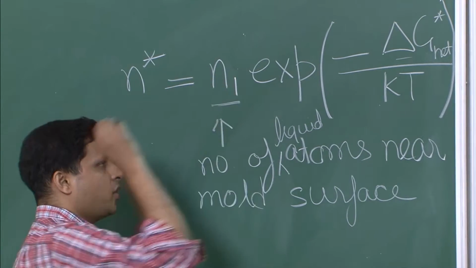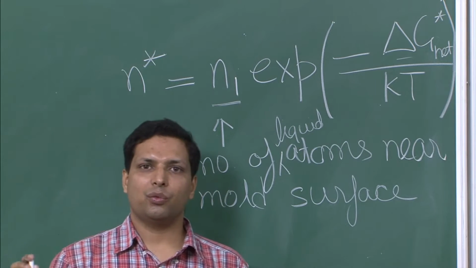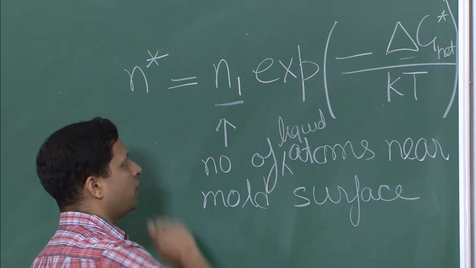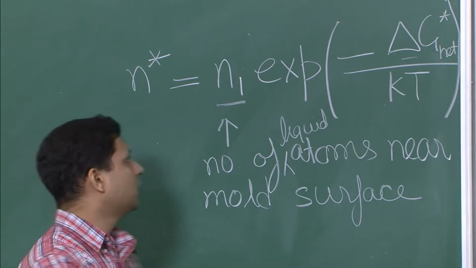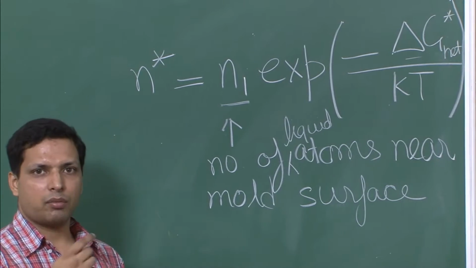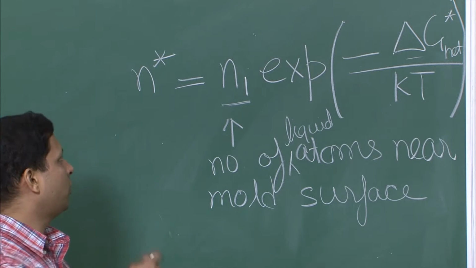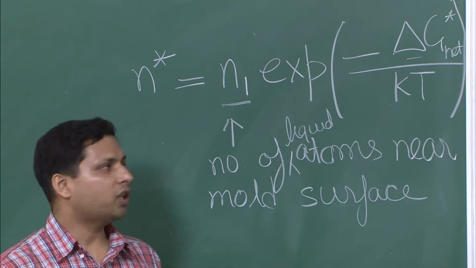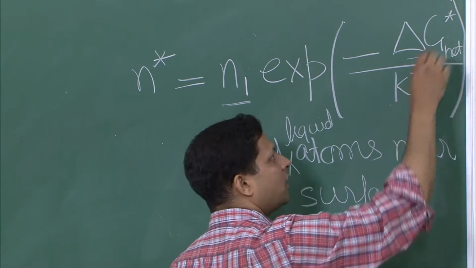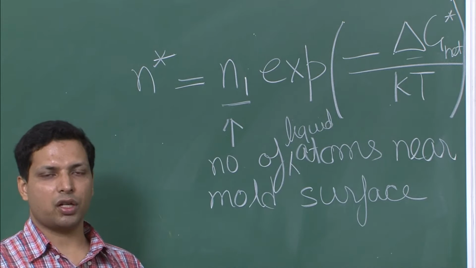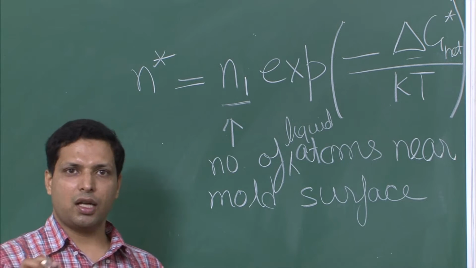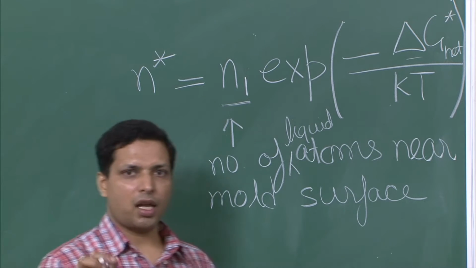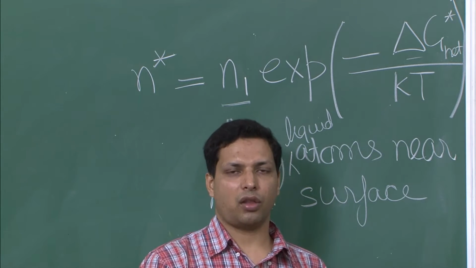Compare this with the n naught that we used in homogeneous nucleation, which is the total number of atoms in the liquid. So this n1 is a small quantity, and if n star by n naught was the probability, then over here n star by n1 is the probability, which means this will be a smaller quantity. But here delta G star heterogeneous is a much smaller quantity. Remember, there is a factor S of theta, which depends on theta. The smaller the theta, the smaller is S of theta, and therefore the smaller is delta G star heterogeneous.